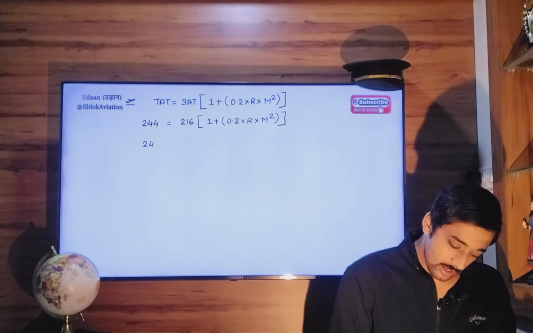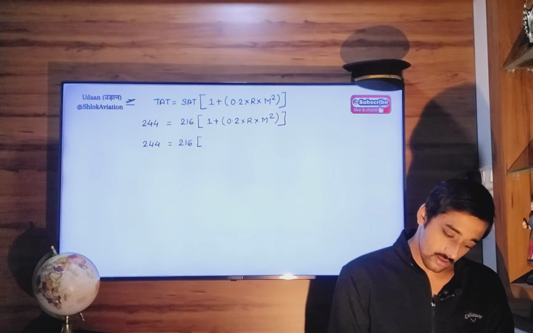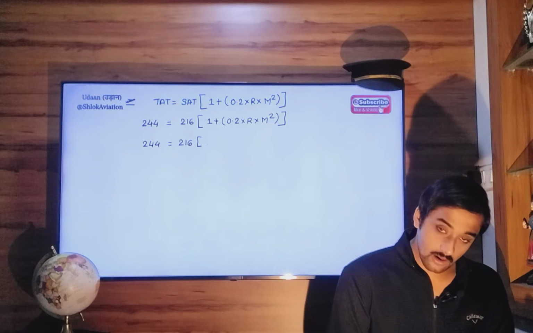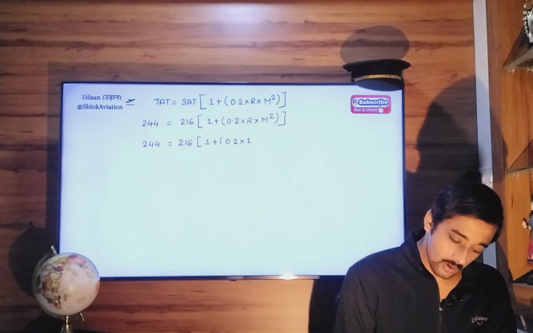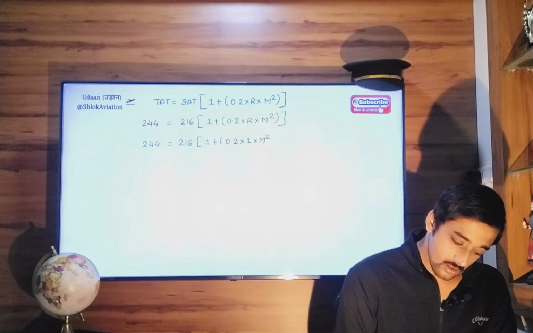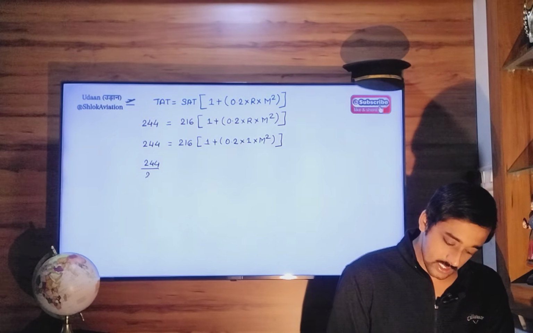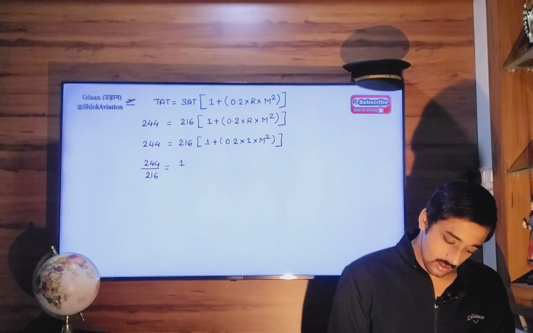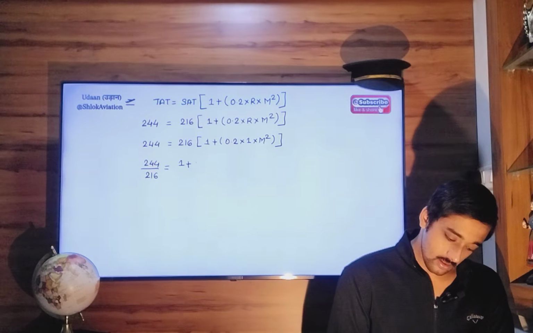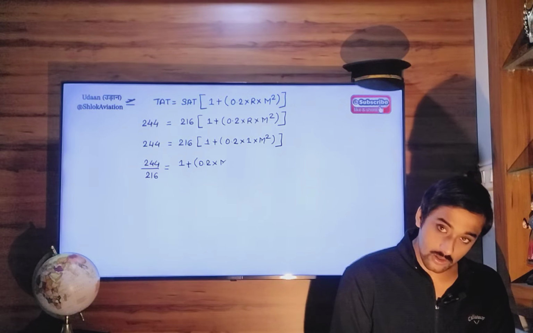So 244 equals 216 times recovery factor 1, 1 plus 0.2 into 1 into M square. So 244 divided by 216 equals 1 plus 0.2 into Mach square.